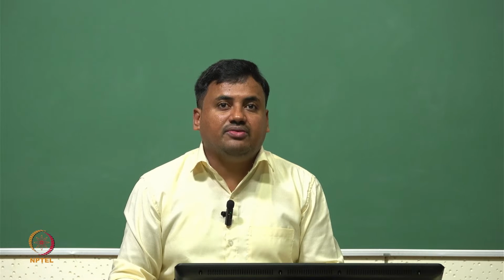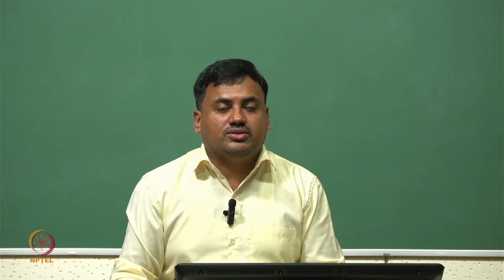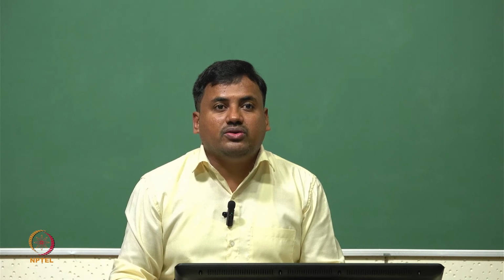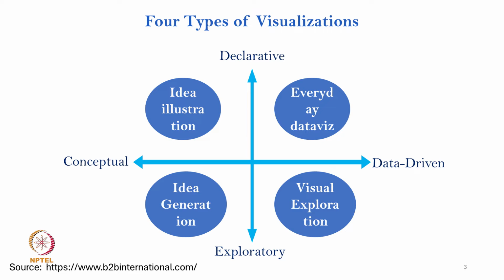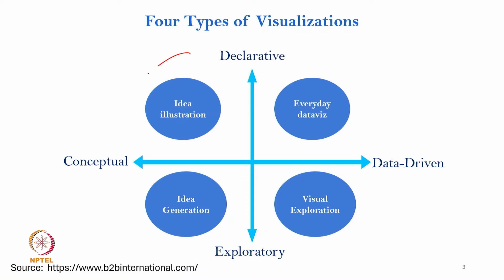Data visualization is a field that encompasses a wide variety of formats and types of images. All information visuals can be divided into four distinct categories, which fall within a 2 by 2 grid. As seen in the image, conceptual and declarative idea illustration is one type of data visualization.